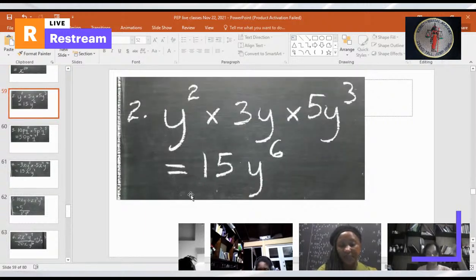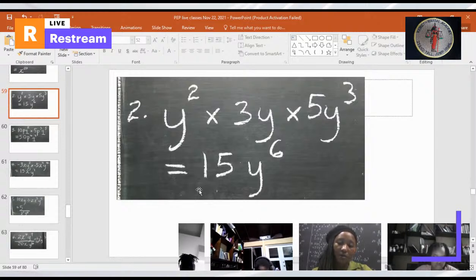Drayshawn, read number 2 and explain. Okay, miss. y squared multiplied by 3y multiplied by 5y cubed. Since the law says when you're multiplying, you add the powers: 2 plus the imaginary 1 plus 3, which is 6. And the 15 comes from 5 times 3.